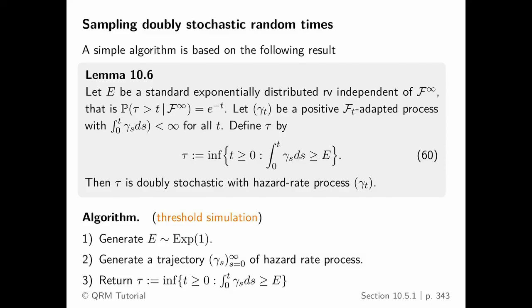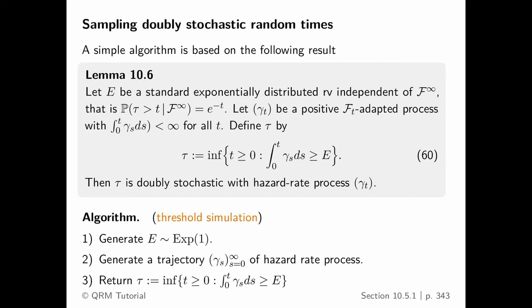Given these two ingredients, we can consider the integrated hazard, the integral from 0 to t of gamma_s ds, and then we simply say tau is the first time that the integral from 0 to t of gamma_s ds is bigger or equal to E. It would be just the generalized inverse of the integrated hazard process evaluated at E, if you want to be fancy. But we take the hazard rate to be strictly positive, so it's just the inverse.